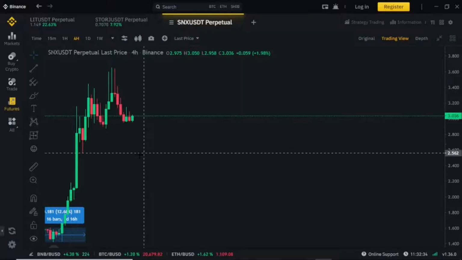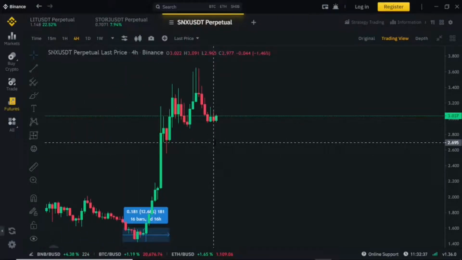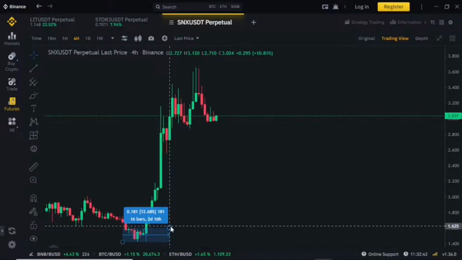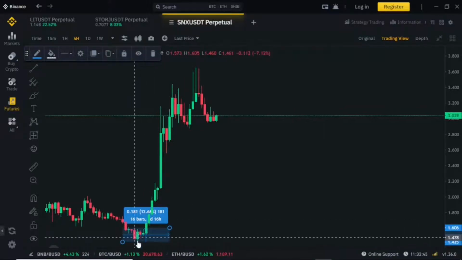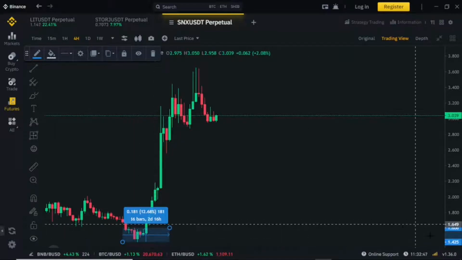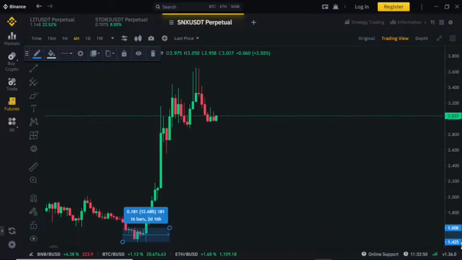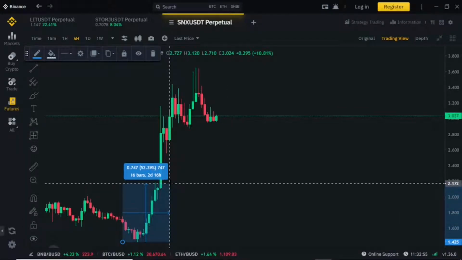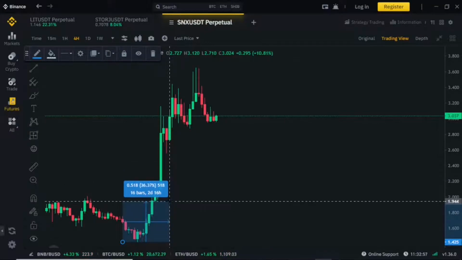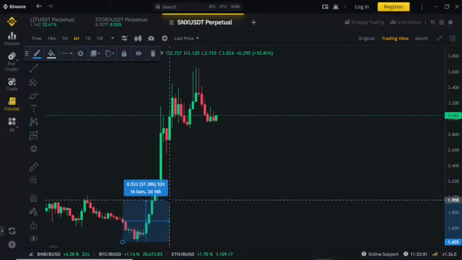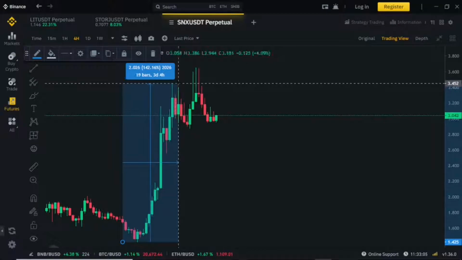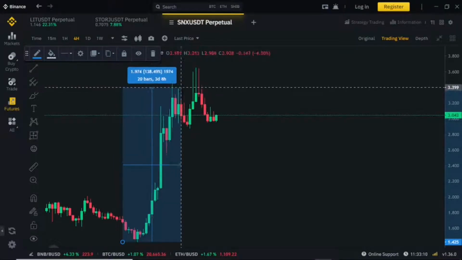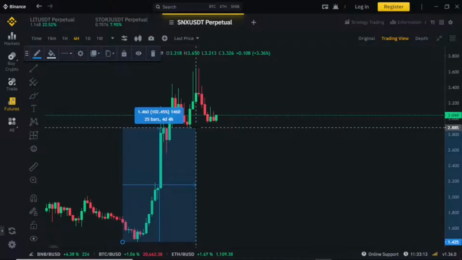trading business for life. For example, the most current bullish trend section of the SNX USDT cryptocurrency pair started from the lowest price of this green candlestick bullish trend starter, which is $1.425, and bounced up by approximately 52%, and then dipped back down to 37%, and then bounced up again by 141%, and then dipped back down to 102%.